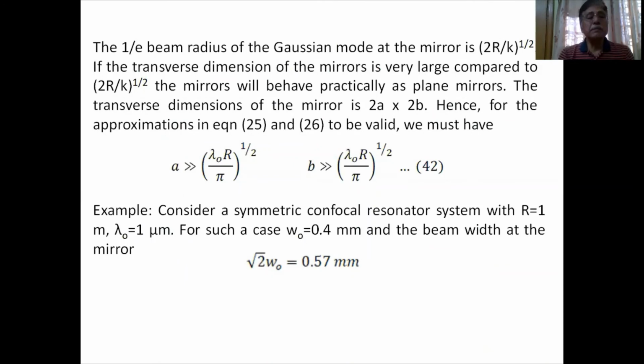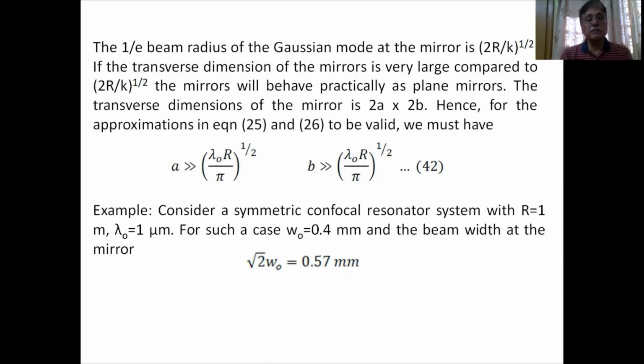The 1/e beam radius of the Gaussian mode at the mirror is (2R/k) to the power half.